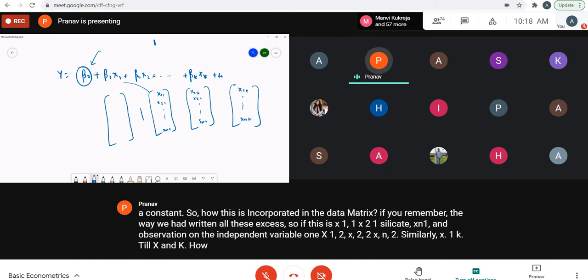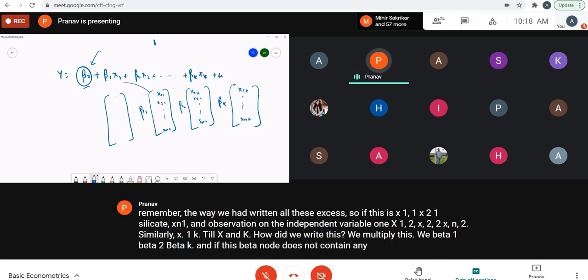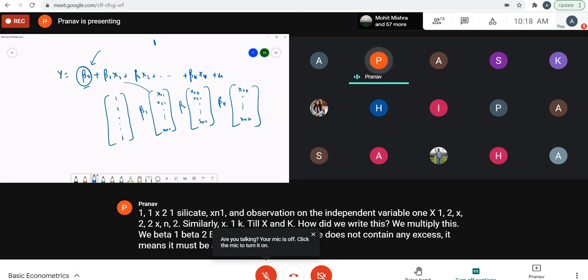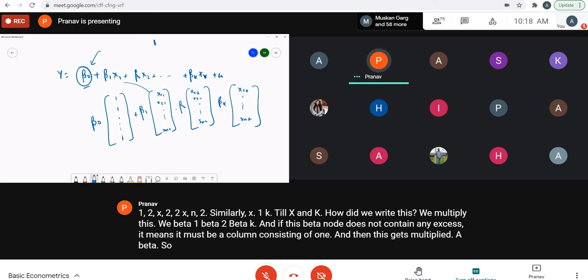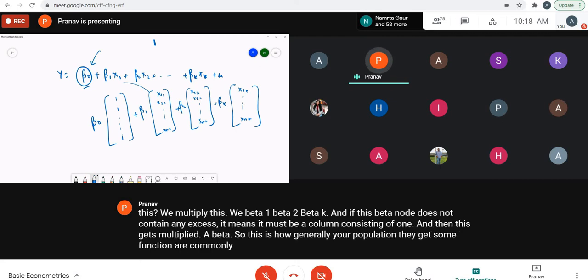How did we write this? We multiply this with beta 1, beta 2, beta k. And if this beta naught does not contain any x's, it means it must be a column consisting of 1s. And then this gets multiplied by beta naught. So this is how your population regression functions are commonly reported.